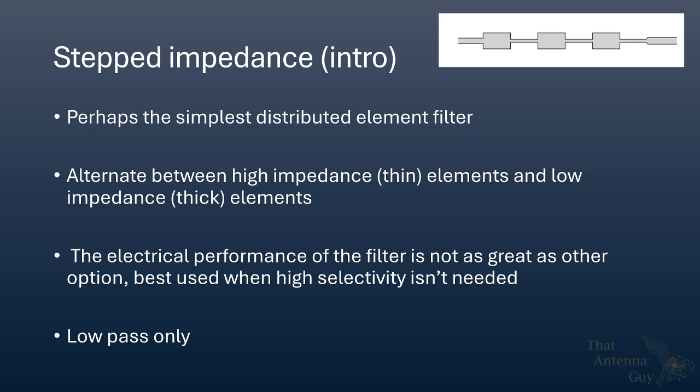Their electrical performance is not as great as some of the other options out there. However, they are quite simple to design, and if you have a case where you don't need high selectivity, they could be the right filter for you. The one caveat to this is also you can only use them to create low pass filters. So in this design, you can't modify it in any way to create a high pass or a band stop or a band pass.